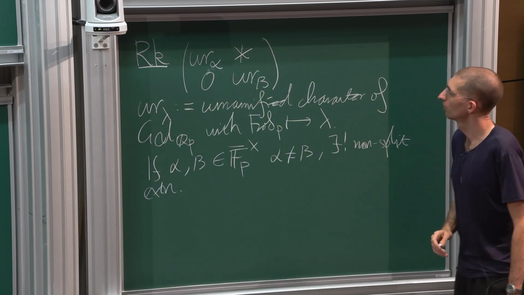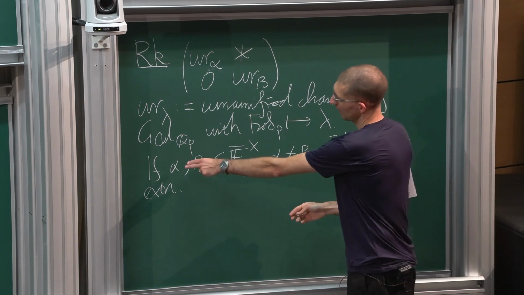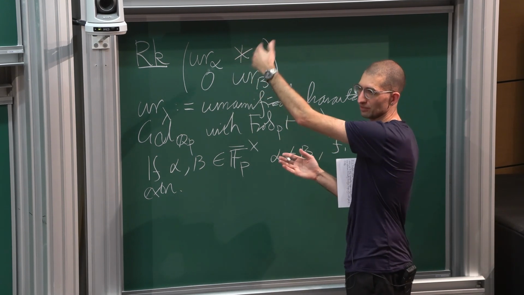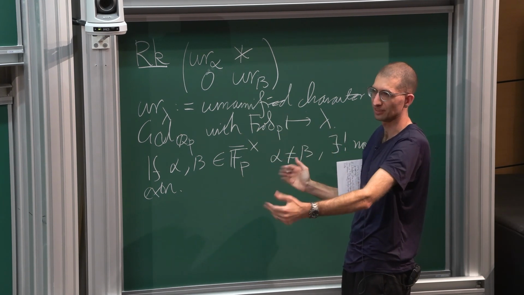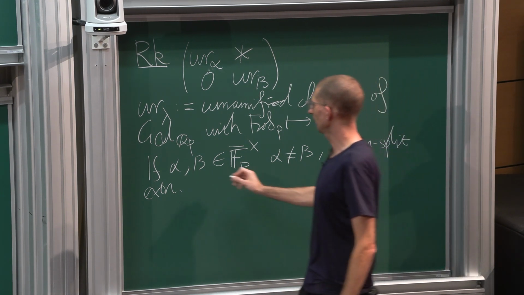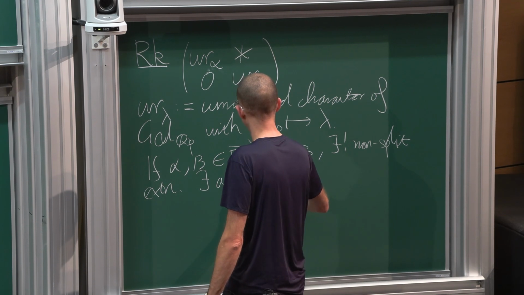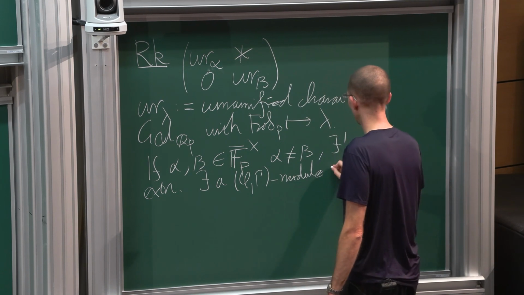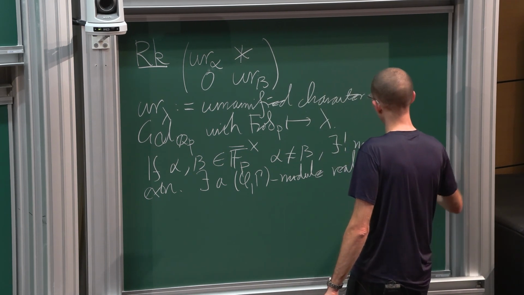And you would certainly imagine that if I now vary my alpha and beta, and I've got these non-split extensions that I can vary as well, that sounds like some reasonable family of representations that you might want to exist. So then what happens is that there does exist a phi gamma module realizing all of these extensions, all of these representations.